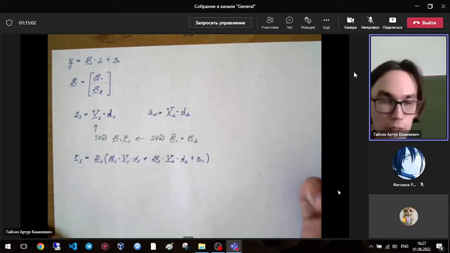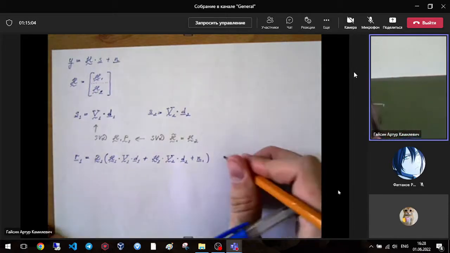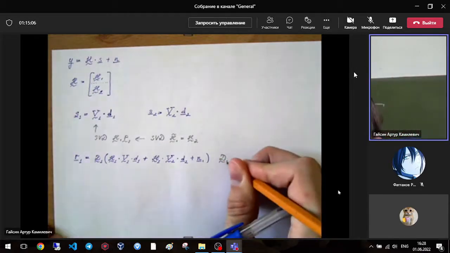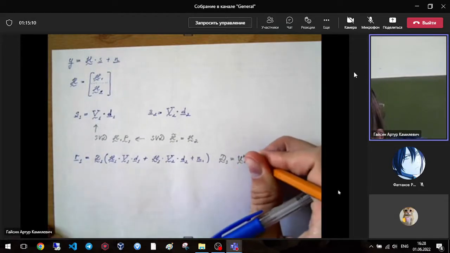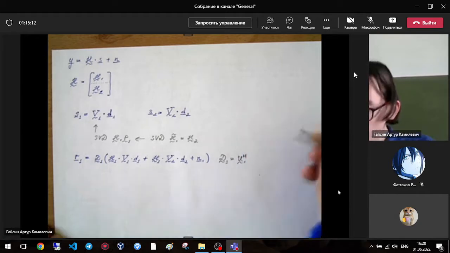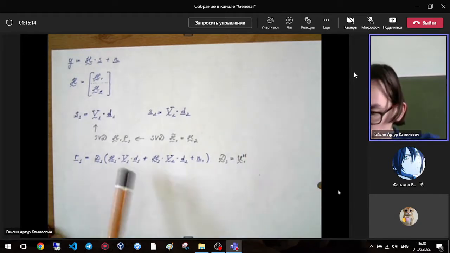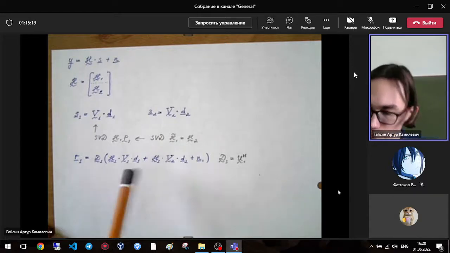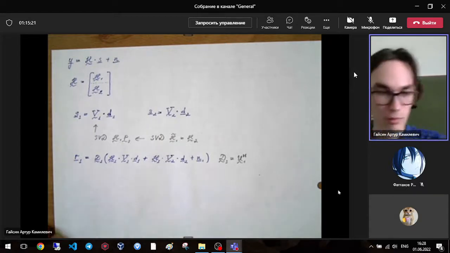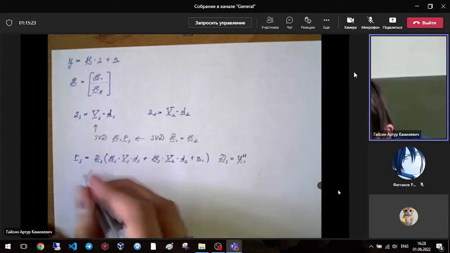And maybe next I will rewrite D1 using U1 Hermitian. But of course, we can write F1 and F2 instead of V1 and V2, if you want.